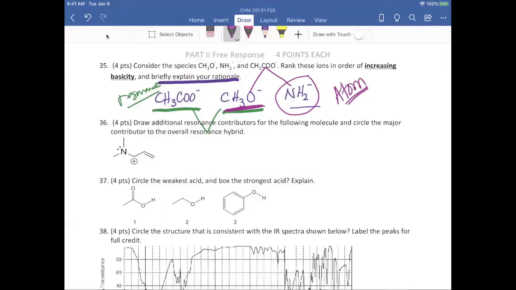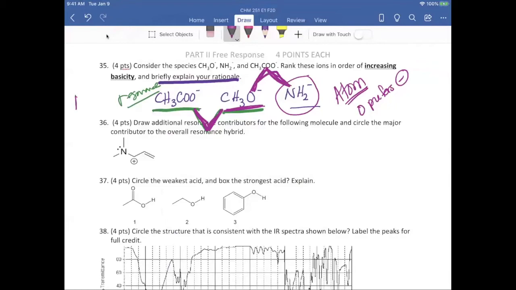So the oxygen prefers the negative charge. The oxygen is a more stable conjugate base, making it weaker, because oxygen can handle a negative charge better than nitrogen. And so the reason between these two is resonance, and the reason between these two is atom.